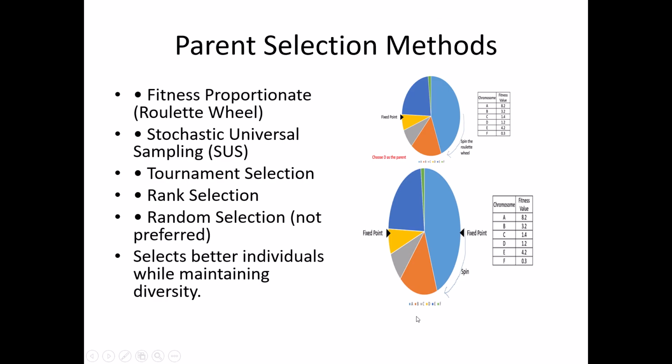Next one is stochastic universal sampling. We have some fixed points, and there are two types of fixed point. We fix these, spin that wheel, and take the point which is nearest to these, and from that we select the parent. The next one is tournament selection.